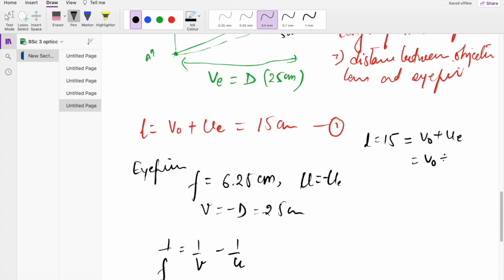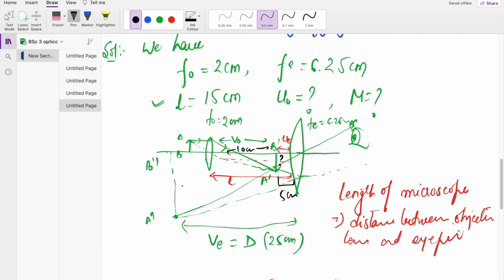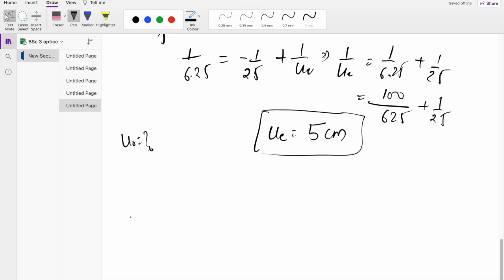VO is unknown, plus UE, which we calculated as 5 centimeter. So if we calculate VO, it is 10 centimeter. So VO is 10 centimeter.